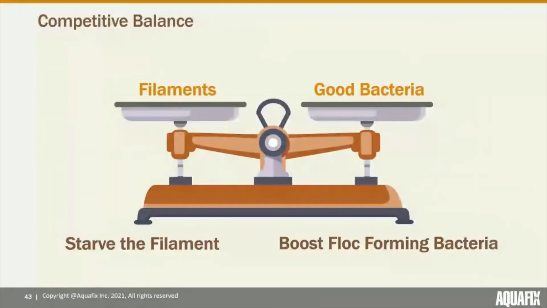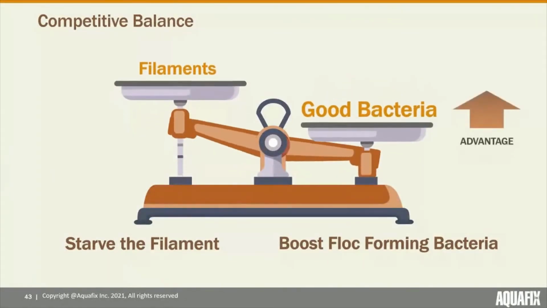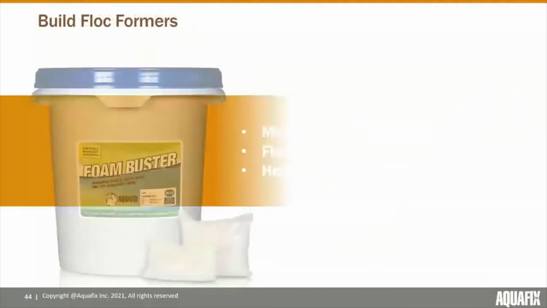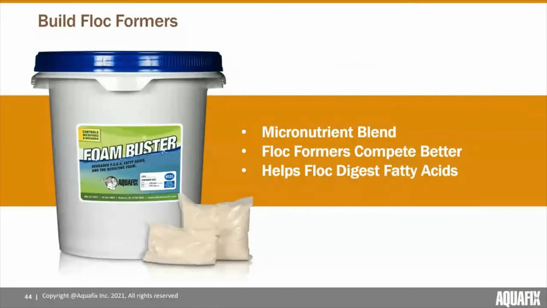So you can see with that fatty acid degradation taking place, we're tilting the advantage in the favor of our good bacteria. However, the other thing to consider here is when you're releasing a lot of fatty acids quickly, the flock formers would love to consume it as a carbon substrate, these short chain acetate molecules.